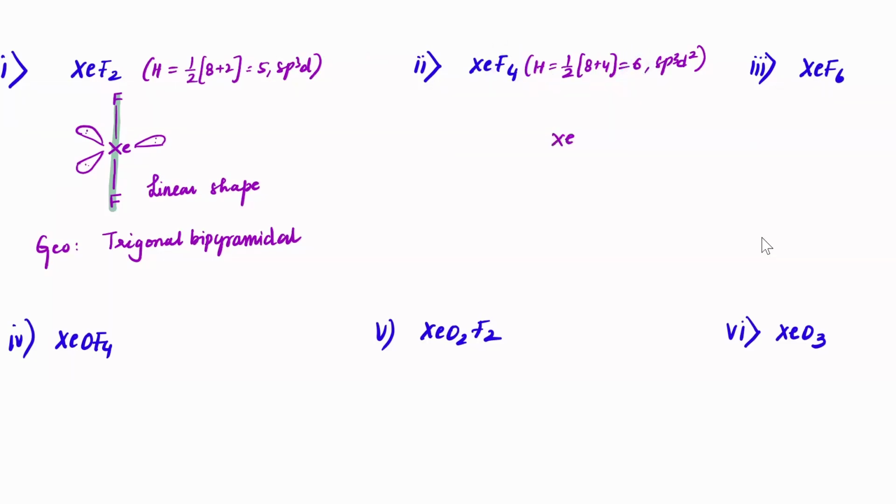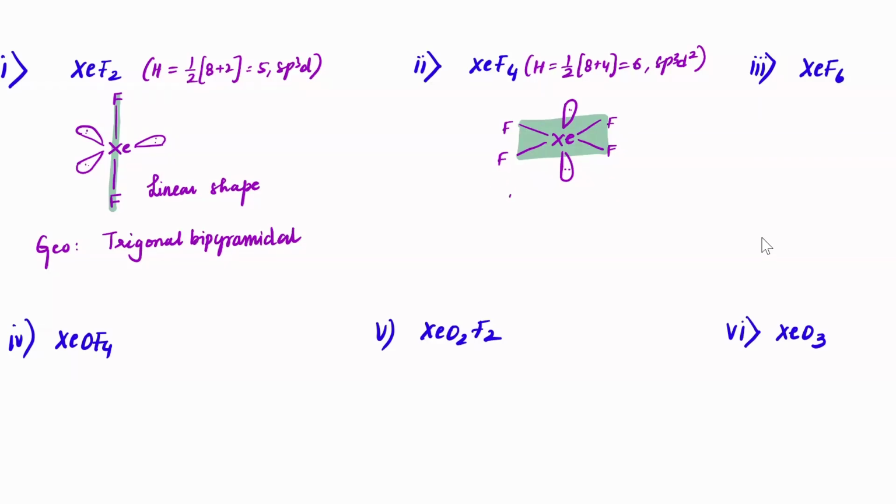If at all I have to make 6 bonds, it specifically has to be this way. 4 I can keep equatorially, and 2 I can keep axially. So that converts into a square plane, simply a square plane here.